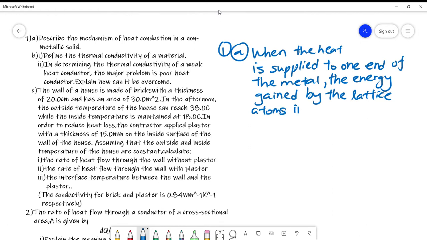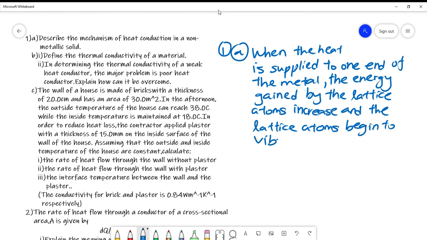increases, and the lattice atoms begin to vibrate vigorously with larger amplitudes.